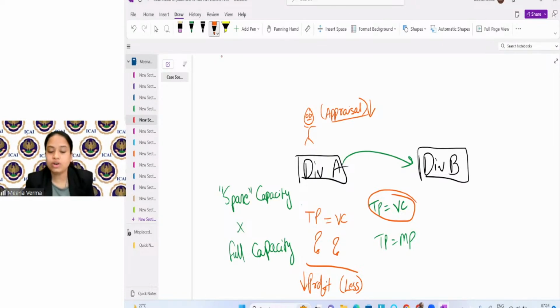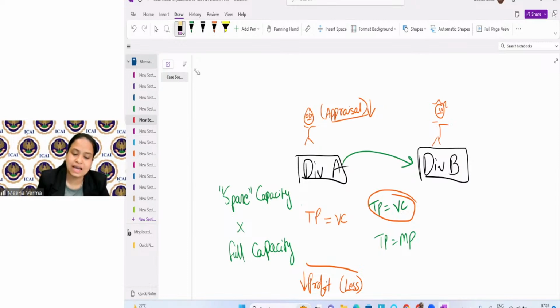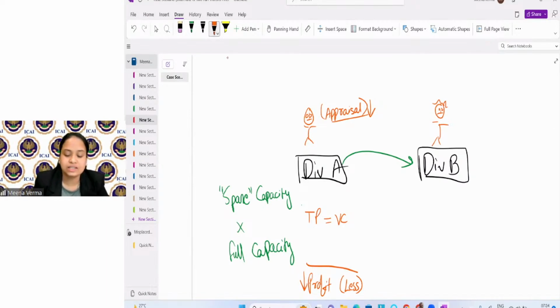So in order to encourage managers so that they perform well, we sometimes adopt the dual rate pricing method. Instead of variable cost or market price, we decide that the transfer price will be the total cost, which will recover both the variable and fixed costs, and we will also cover the profit.